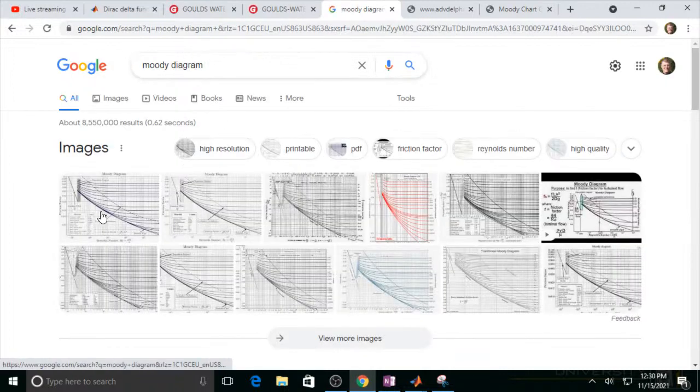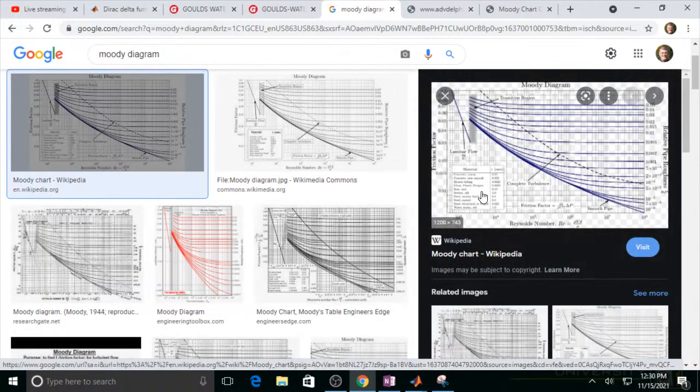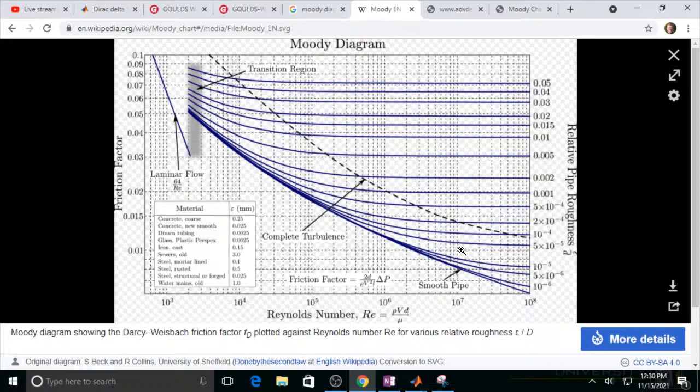Because when you're in the FE exam, they give you the chart. They're not going to give you a calculator. Okay, that's a good enough chart right there. So what we need to do with this is find the Reynolds number, come up and hit the diagram and come across and read off an approximation of what the friction factor is.